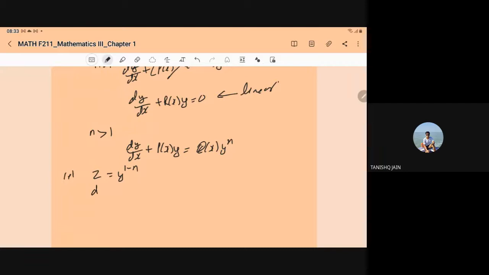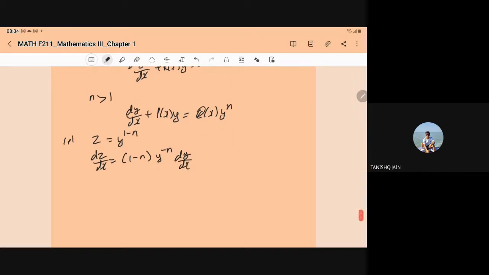So from here dz by dx can be written as 1 minus n, y to power minus n, dy by dx. So it can be written as 1 upon 1 minus n dz by dx is equal to 1 upon y to power n dy by dx.